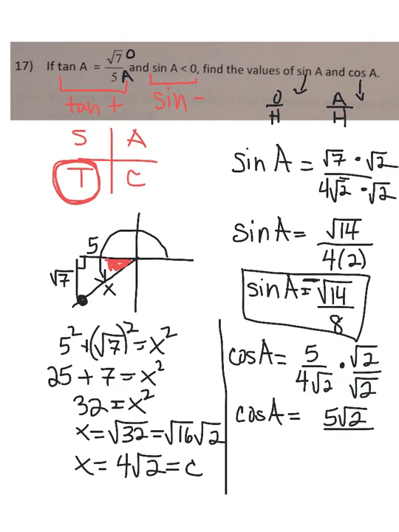Times that 4, which is going to give me 8. Then the last thing I want to check for is, again, I have cosine, but I'm in the third quadrant. And the only thing that's positive in the third quadrant is tangent. So I need to negate that value. So my final answer for the cosine of A will be negative 5 radical 2 over 8.